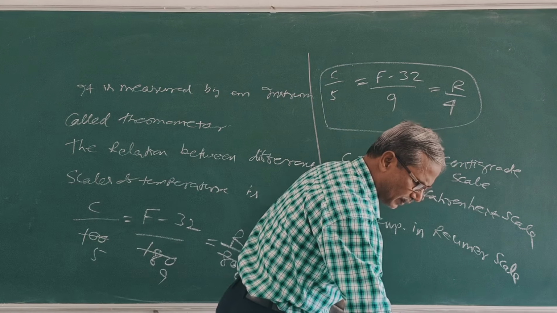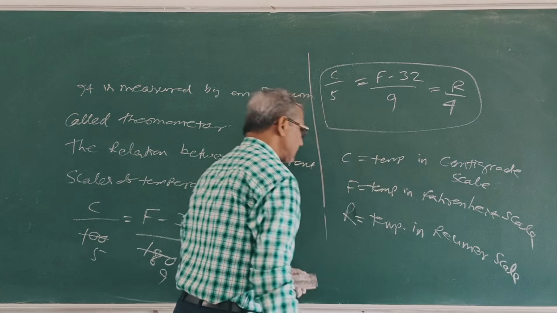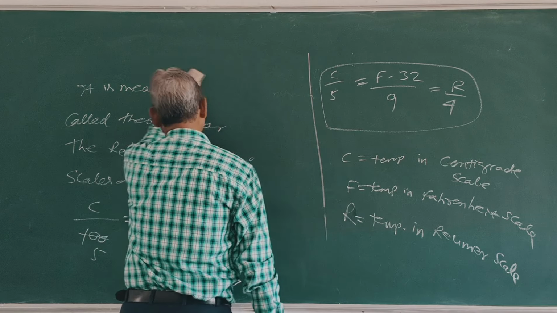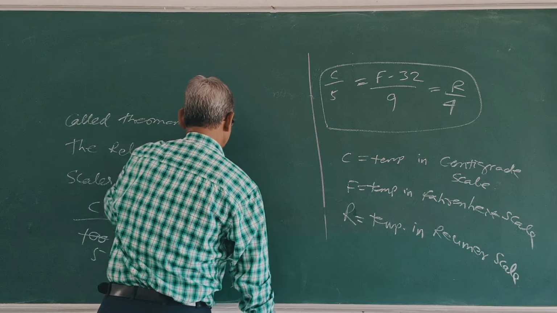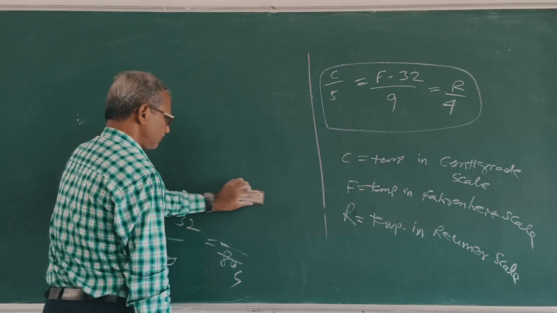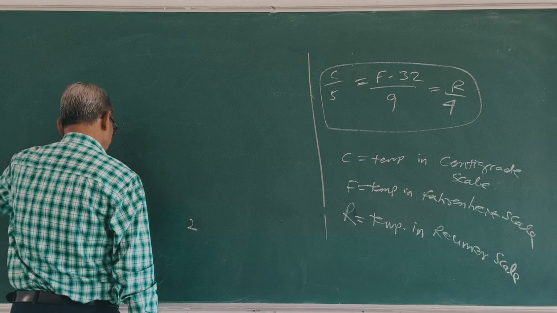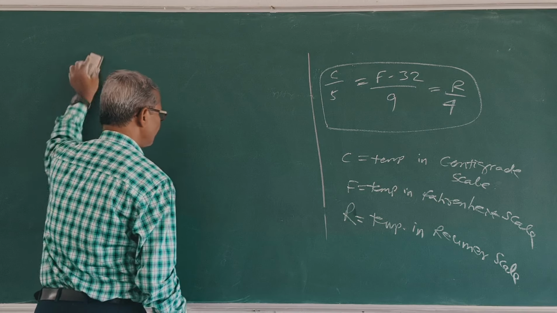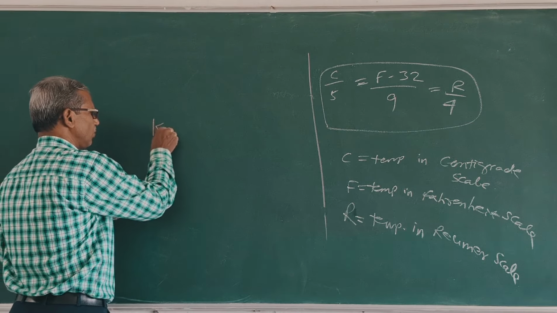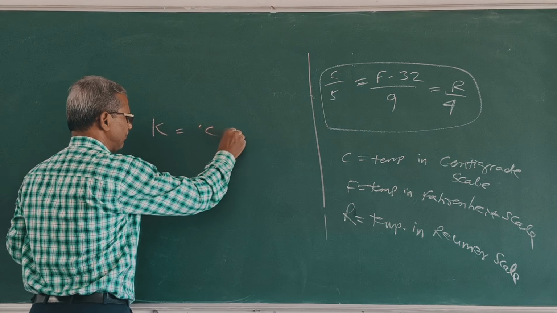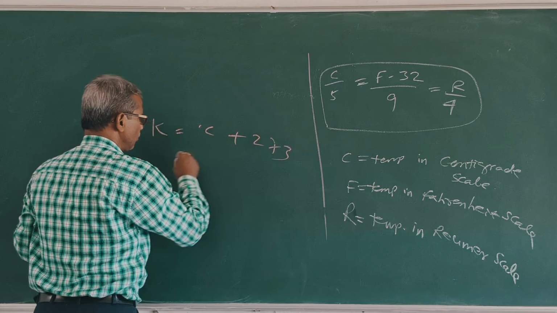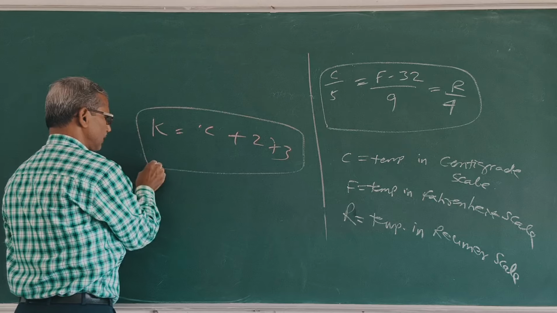Clear? What is Kelvin? Kelvin is equal to degree centigrade plus 273. Clear?